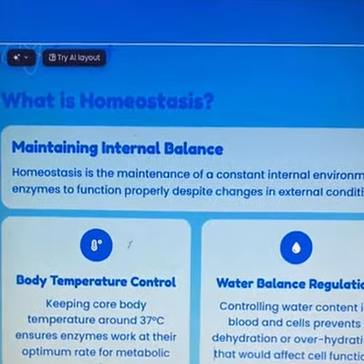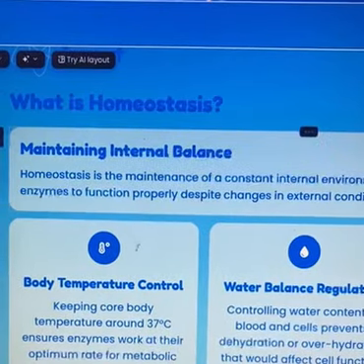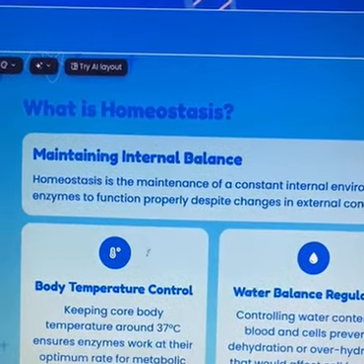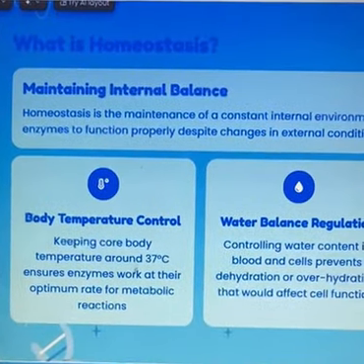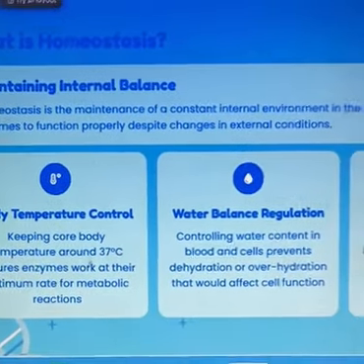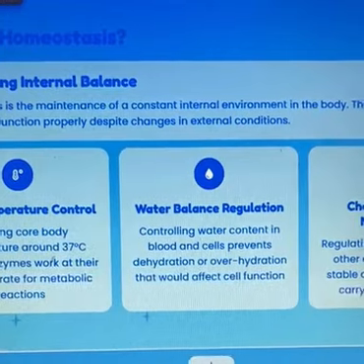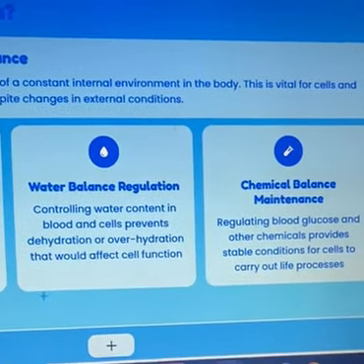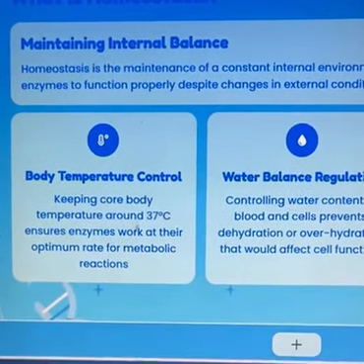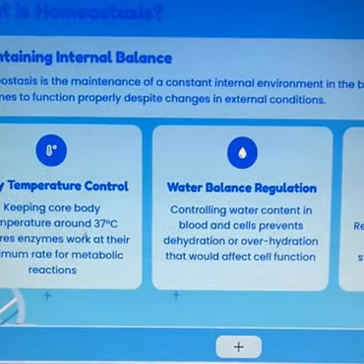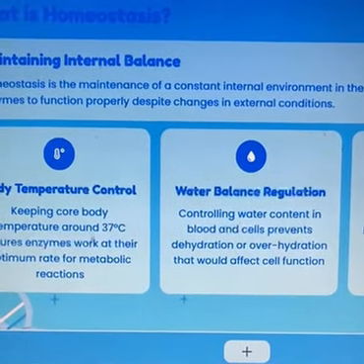Okay, so maintaining internal environment. When we are saying maintaining internal environment, homeostasis is the maintenance of a constant internal environment. So keeping the constant internal environment in the body. This is vital for cells and enzymes to function properly despite changes in external condition.